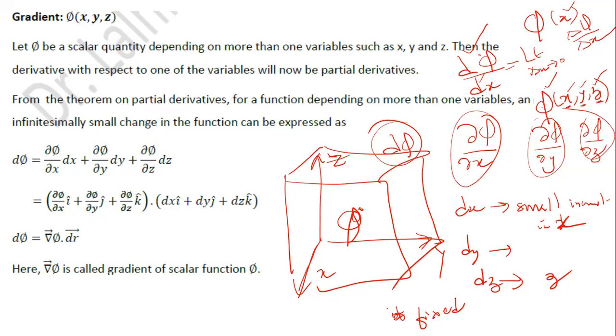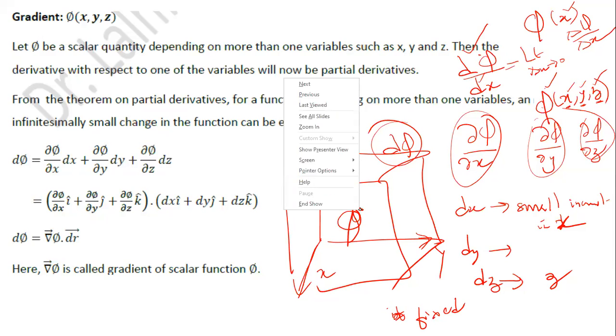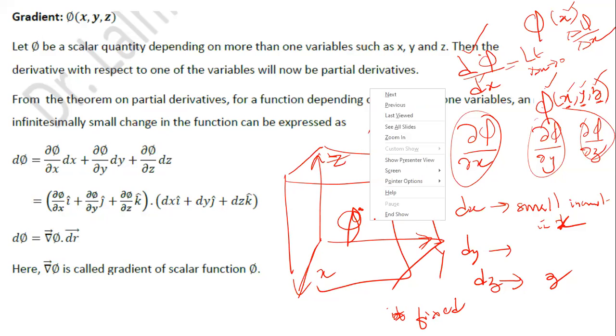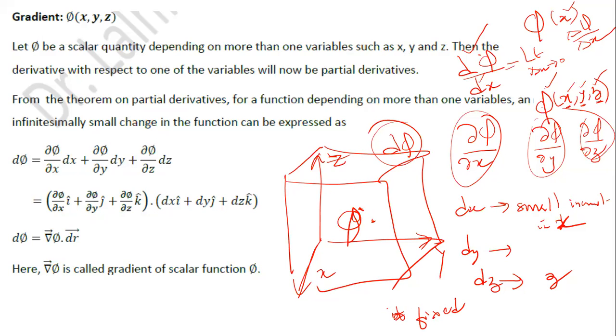In order to change this phi, you need to move a little bit away from this fixed point. Let's say we go to another point here, right? So if you move to another point here, what you have to consider is how much is the change in x, how much is the change in y, and let's say how much is the change in z.